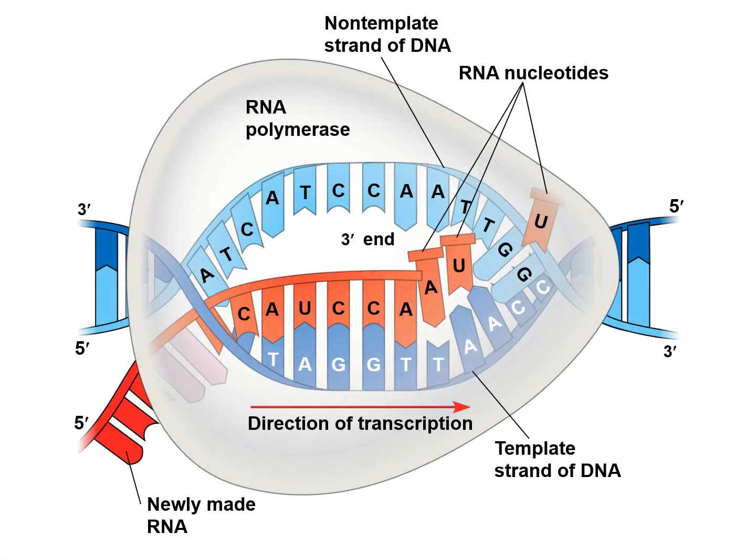So here it is. So we have our RNA polymerase. It's reading 3' to 5'. It is adding nucleotides to that 3' end, synthesizing 5 to 3. The newly transcribed RNA is coming out here, and the DNA is allowed to reanneal with itself as the RNA polymerase moves past it.